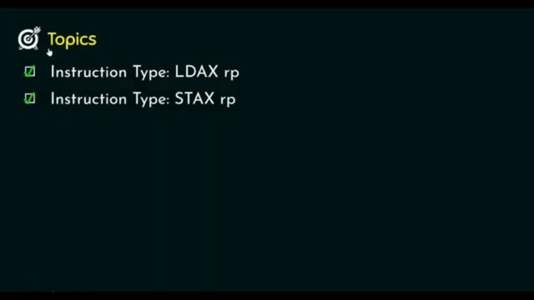So in this session we covered the instruction type LDAX RP and the instruction type STAX RP. The first one loads the accumulator with the contents within the memory which will be pointed by the register pair. On the other hand, the second instruction, that is STAX RP, stores the content of the accumulator within the memory location pointed by the register pair.